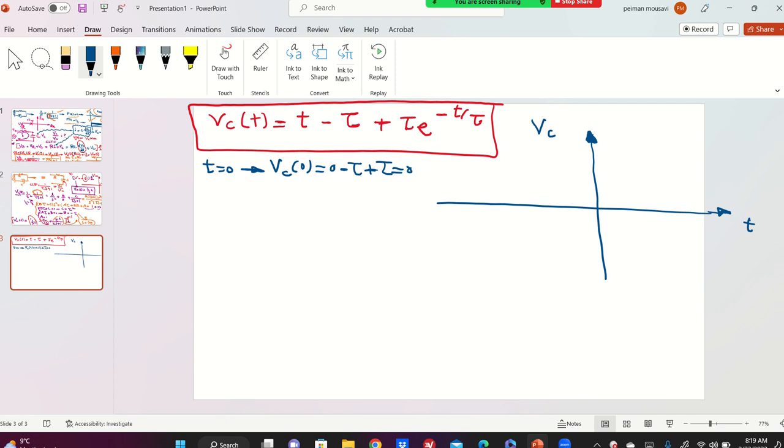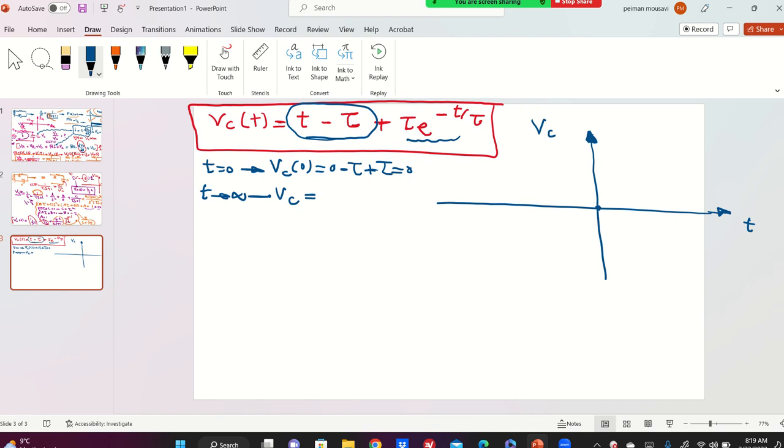It is 0 here. When time goes to infinity, a large number, Vc is going to be how much? This is going to be 0. That's right. What is this, guys? You tell me.